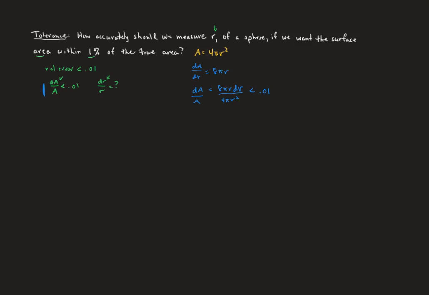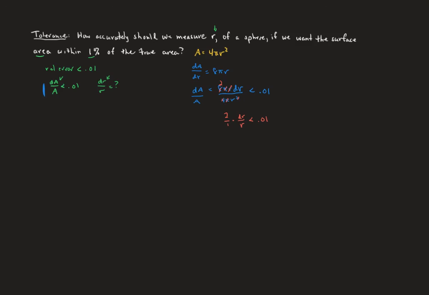You with me there? So now this is progress because we can cancel the pi's. We can cancel 4 with the 8 and get 2. Oh, we can cancel one of the r's also. So we're getting 2 times dr over r, and we want that to be less than 0.01.